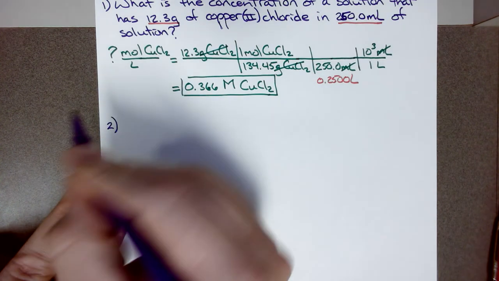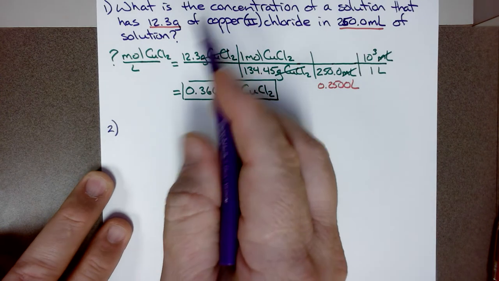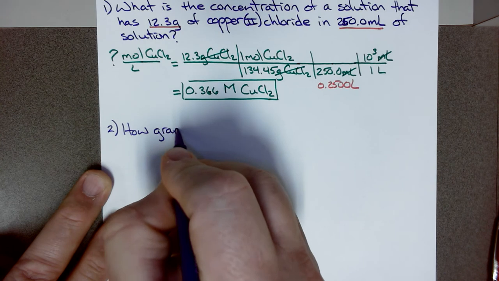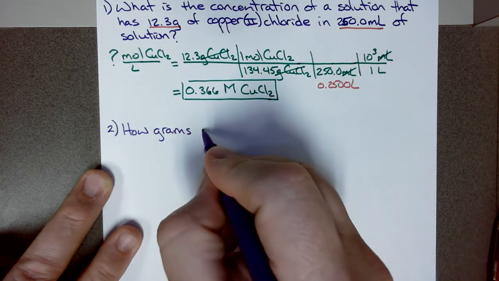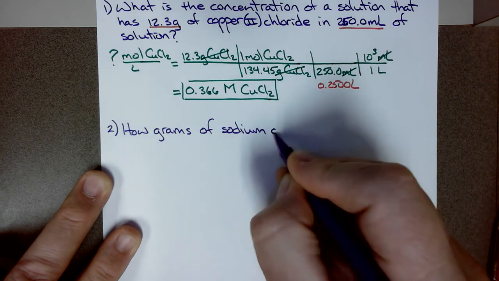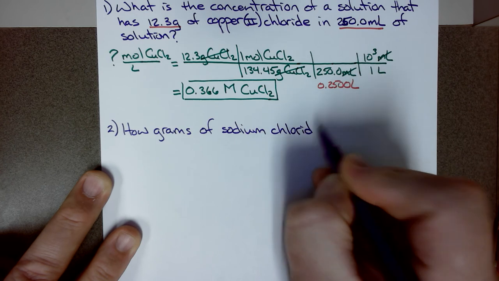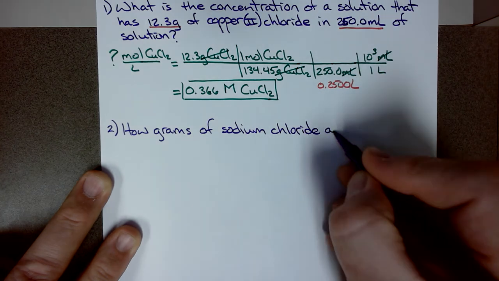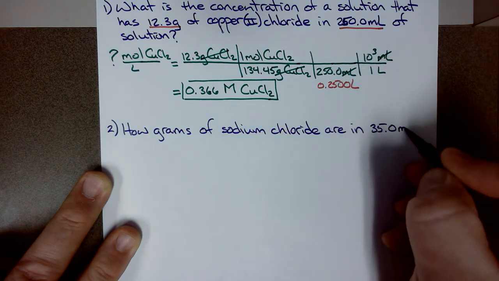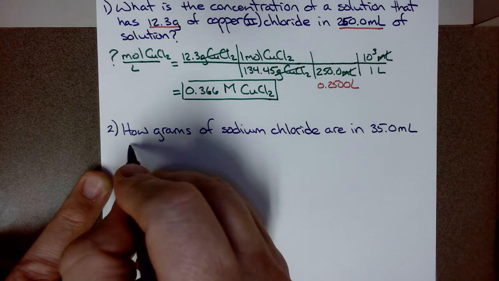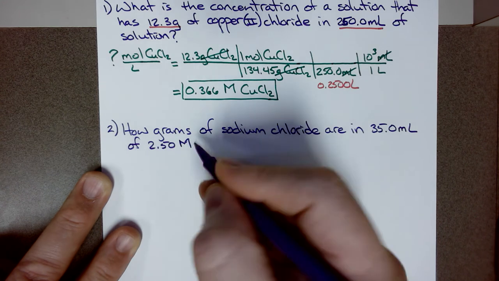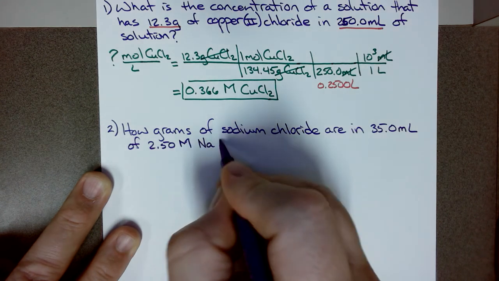So with number 2, in the first one I was looking for concentration. In number 2, I want to know how many grams of sodium chloride are in 35.0 milliliters of a 2.50 molar solution of sodium chloride.